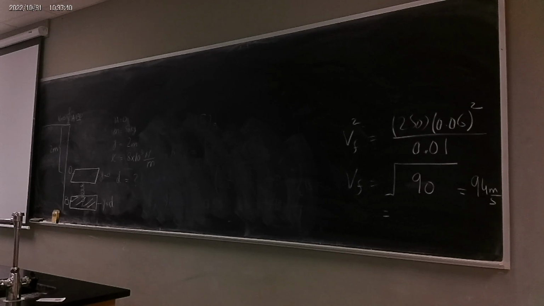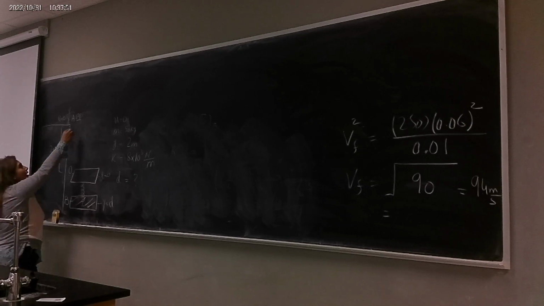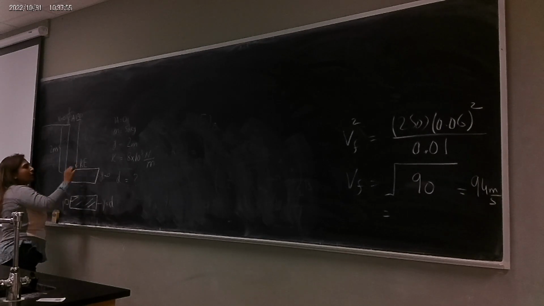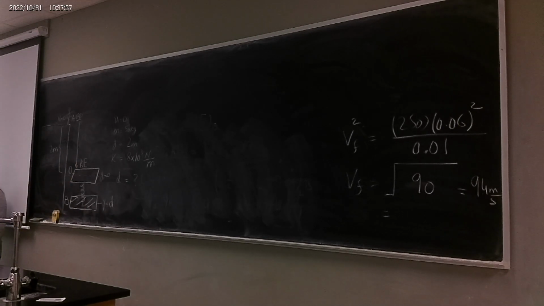Only gravitational, right? There is no potential energy due to the spring at point A because it has not been in use yet. She jumps down, she converts all her potential energy to kinetic energy, right? So far, no elastic potential energy.